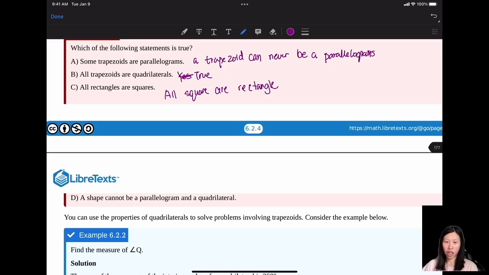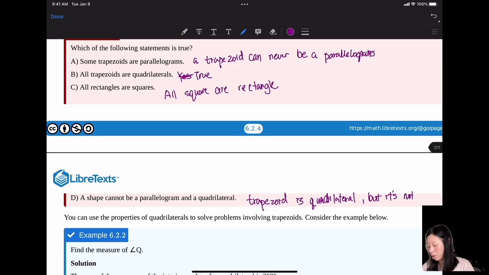This is wrong. If a shape is a parallelogram, then it is a quadrilateral. But sometimes a shape is a quadrilateral but not a parallelogram. A good example would be a trapezoid. It is a quadrilateral, but it is not a parallelogram.